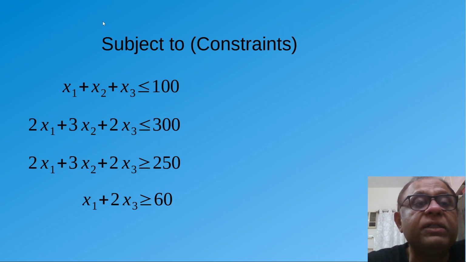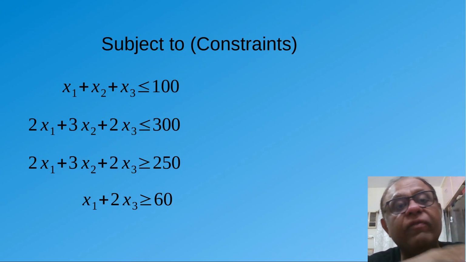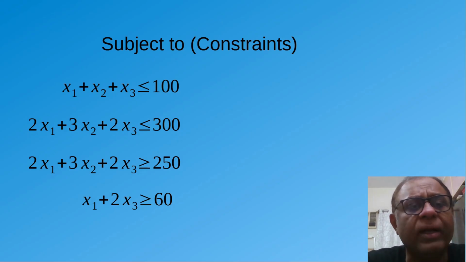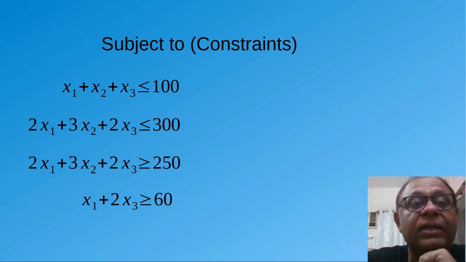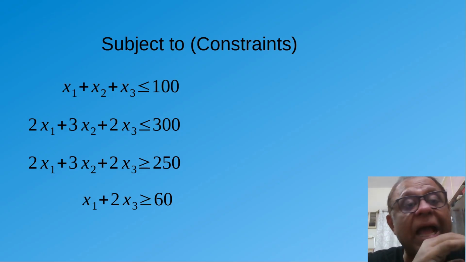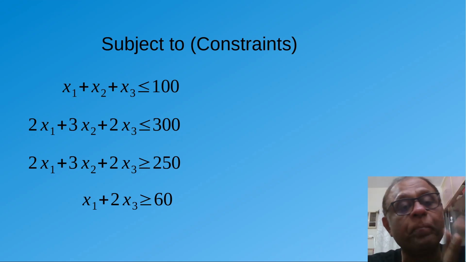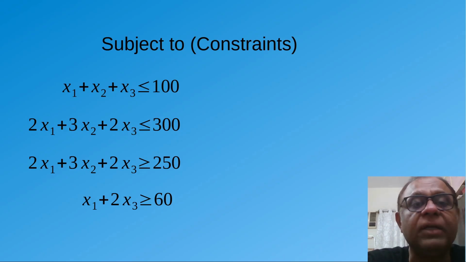For the first equation, x1 plus x2 plus x3 less than or equal to 100. So the first equation, the sum of the value of x1 and x2 and x3 should be less than or equal to 100, or the sum of the variables should be less than or equal to 100, or I'll repeat it, the sum of the activities should be less than or equal to 100. Well, the second, third and fourth equations are pretty self-explanatory.